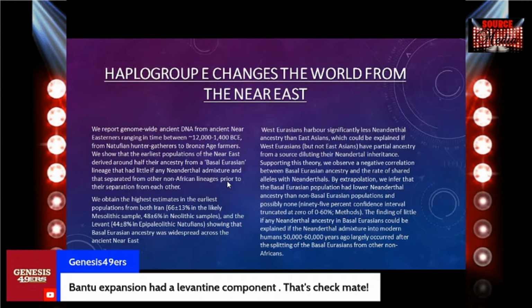We show that the earliest populations in the Near East derive around half their ancestry from a basal Eurasian lineage that had little, if any, Neanderthal admixture, and that separated from other non-African lineages prior to their separation from each other, which goes into what a lot of these other articles were saying. And we know that deeply highlights E in us, because we have little, if any, Neanderthal ancestry, and our DNA literally fights it off. So they seem to clearly be connected with us.